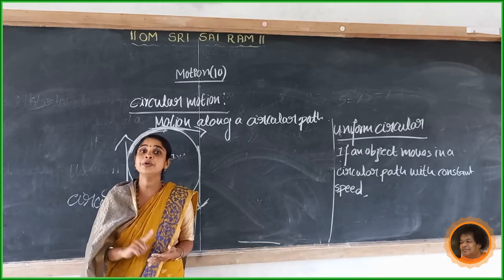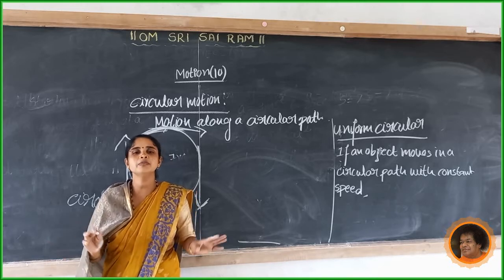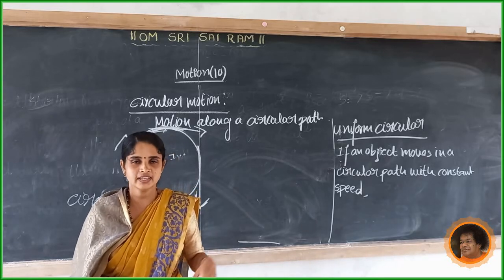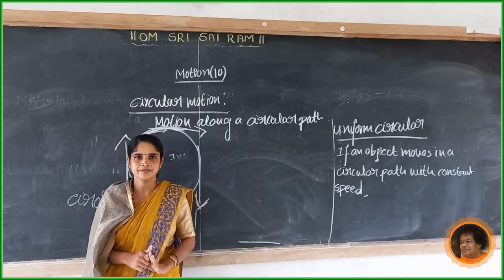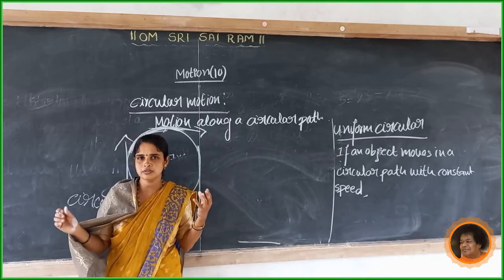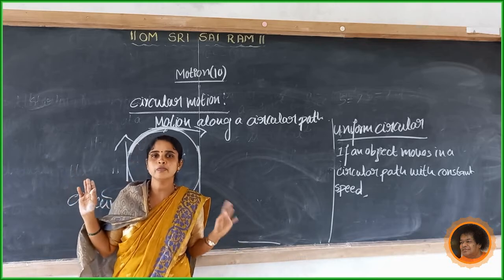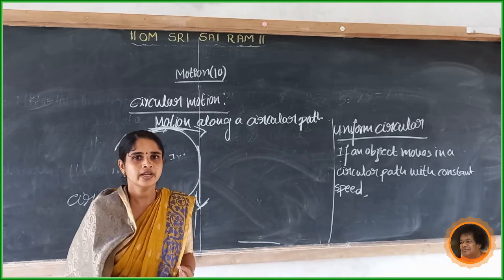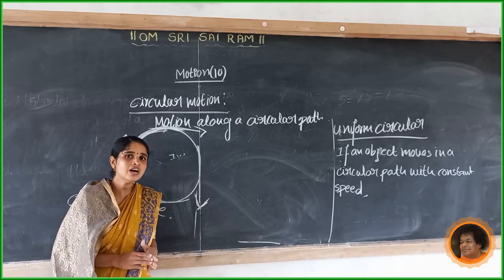Next concept, speed, and then velocity, its SI units and formulas, and some problems related to these two concepts, and then acceleration, uniform acceleration and non-uniform acceleration, and 3 equations of motion, and problems. So many problems are solved using 3 equations of motion. And here the last concept is uniform circular motion.